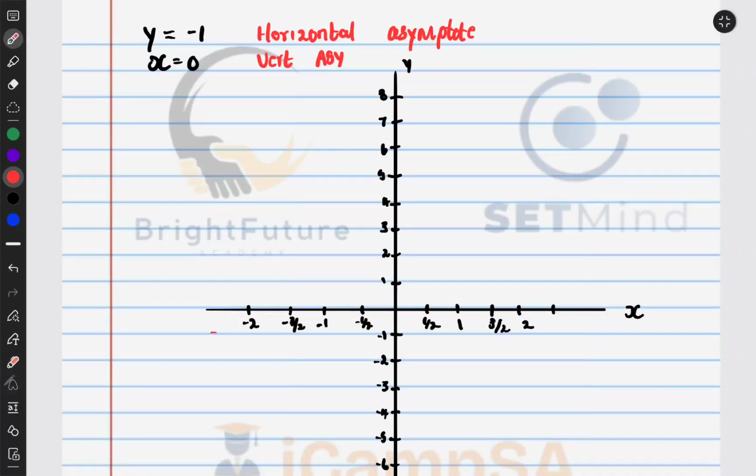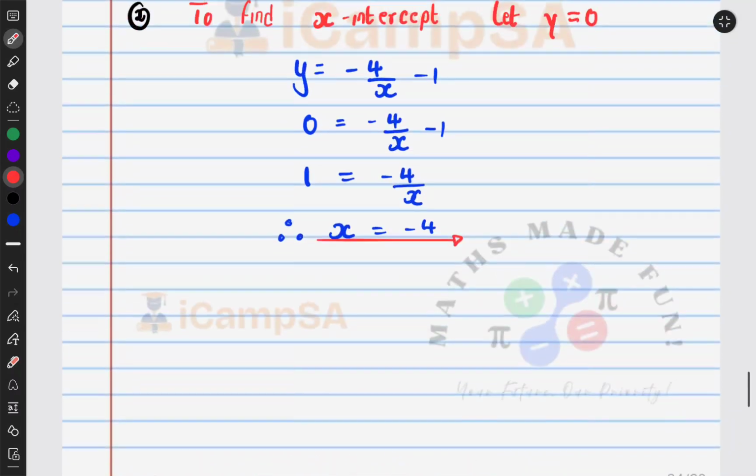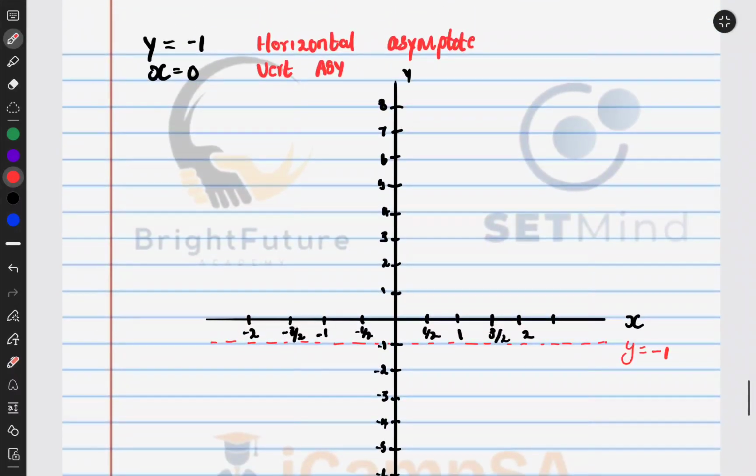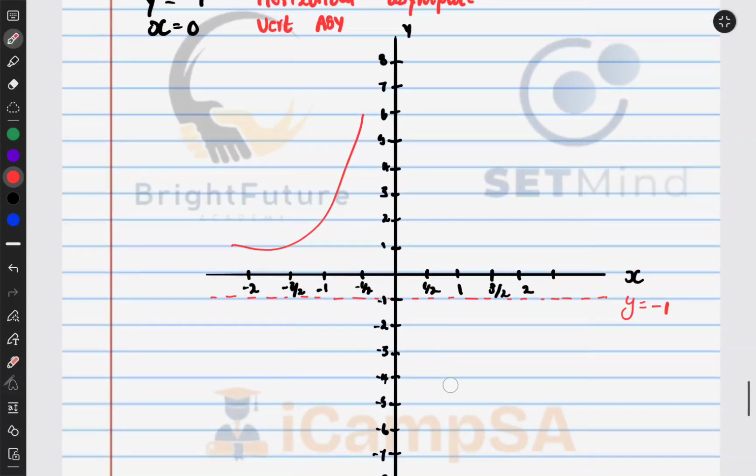Let's show the line for the horizontal asymptote. We expect our function to approach this line but never touch it. And that function is negative, so it has been reflected; since it's negative, we are expecting it to be on this side and this side.